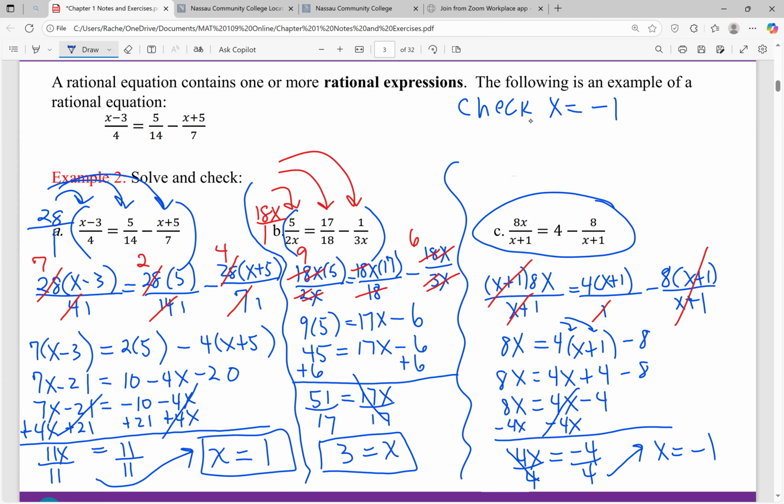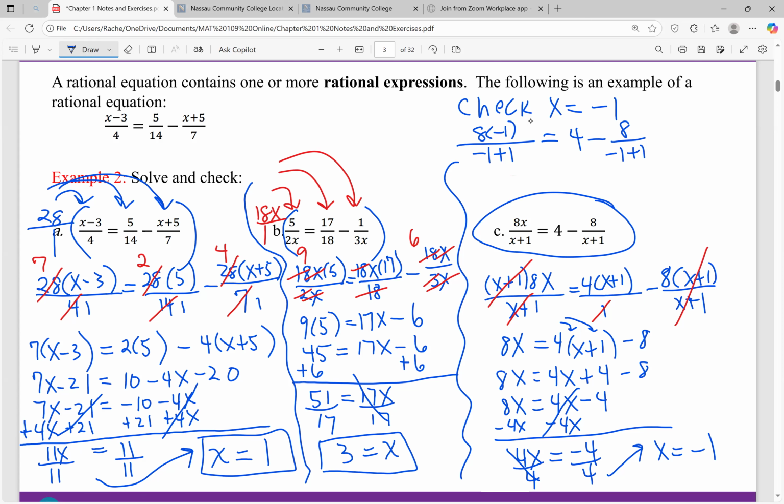If I plug in, I'm going to have 8 times negative 1 over x plus 1. But x is negative 1, so I'm going to have negative 1 plus 1. That should equal 4 minus 8 over, again, x plus 1, but I'm going to replace x with negative 1.